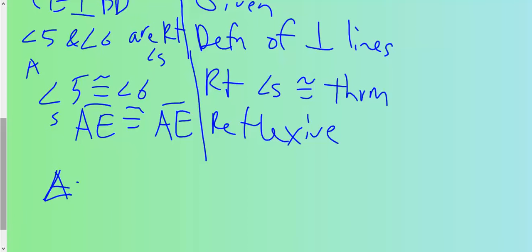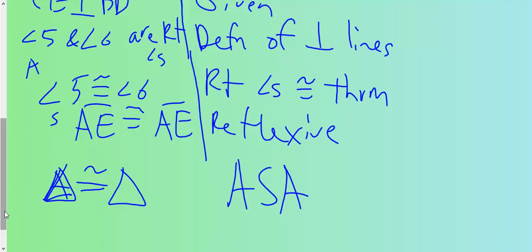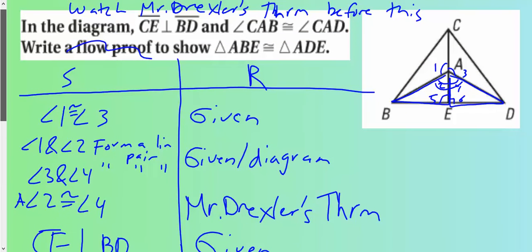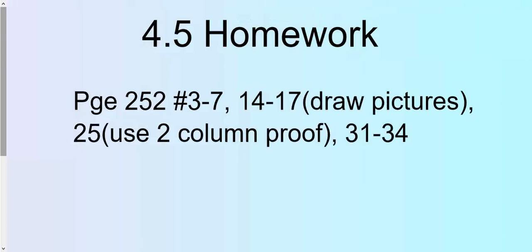So the triangles are congruent by angle, side, angle. There you go. This is a more complex proof because there are two triangles within it, and it's not as direct as some of our other ones. But that's using angle, side, angle in a proof.